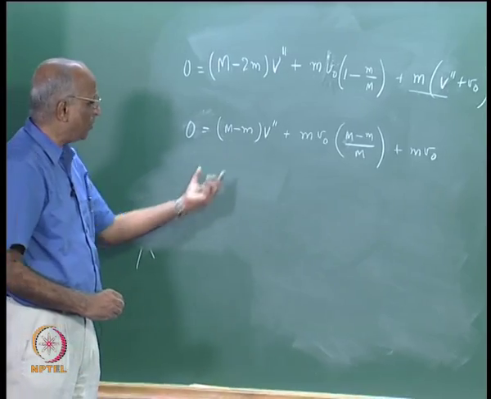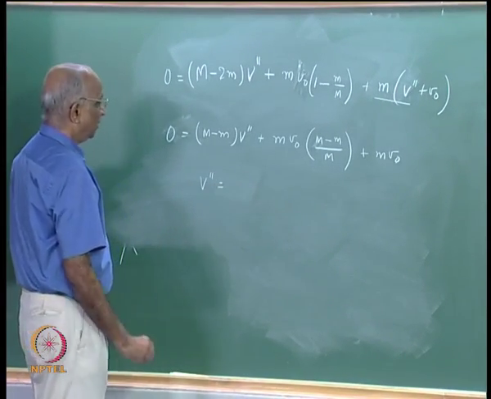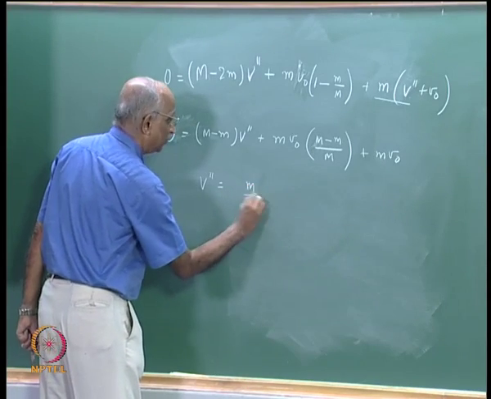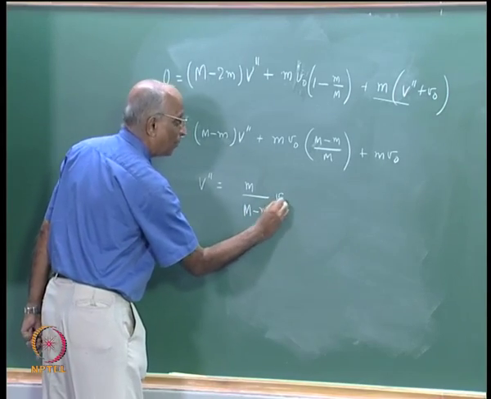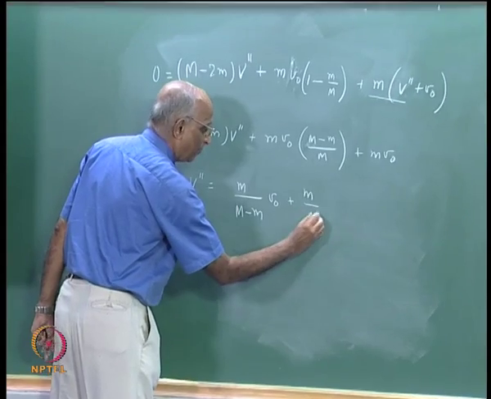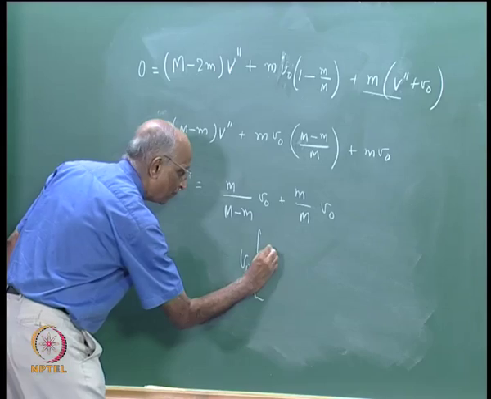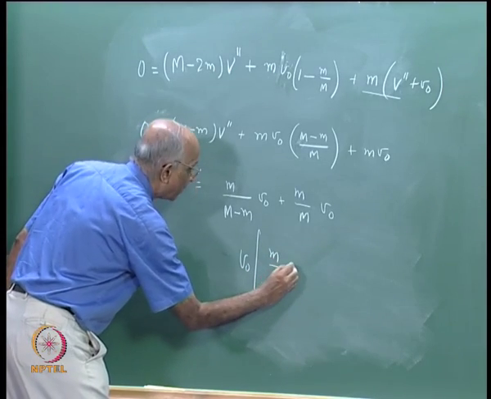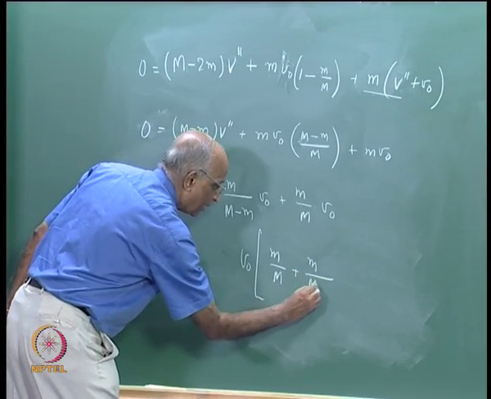What do I solve? I want to solve for V2 prime, which is equal to V0 into m over (M minus m) plus m over M, or rather V0 into small m by capital M plus small m by (M minus m).